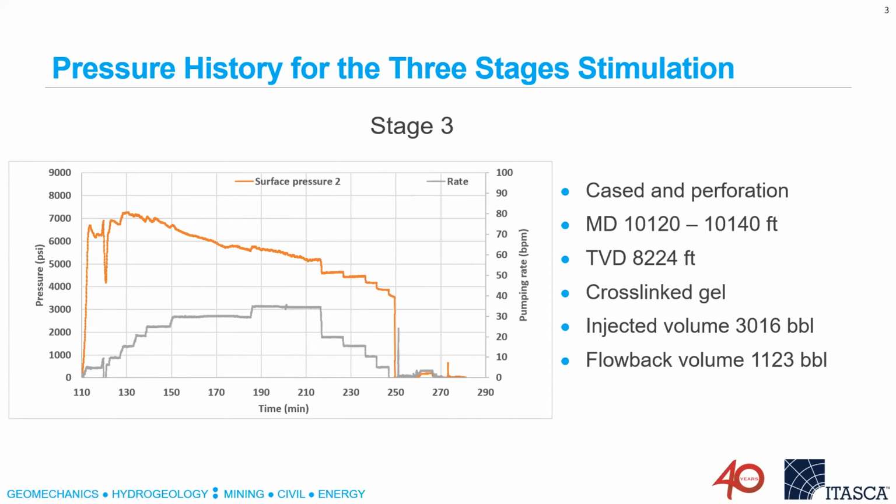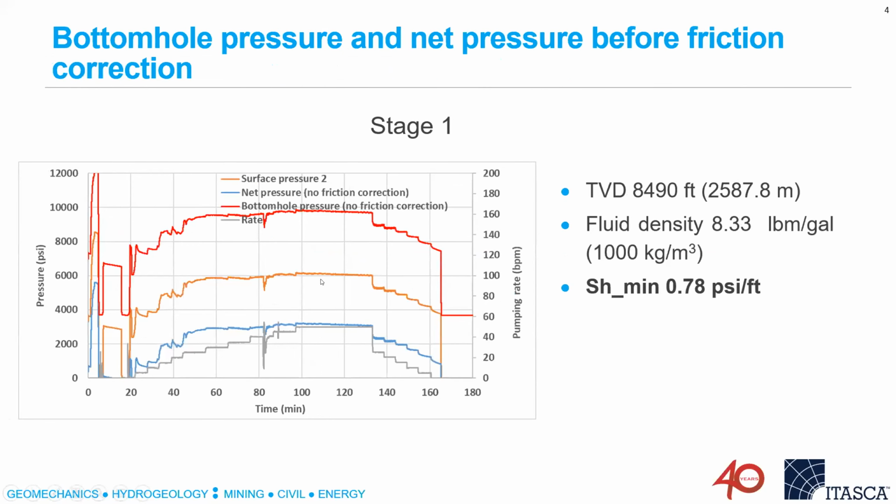It's also case and perforation, but here we use cross-link gel, so surface pressure also decreases. So this is the pressure data we get from the stimulation, and then I will do some calculation based on that.